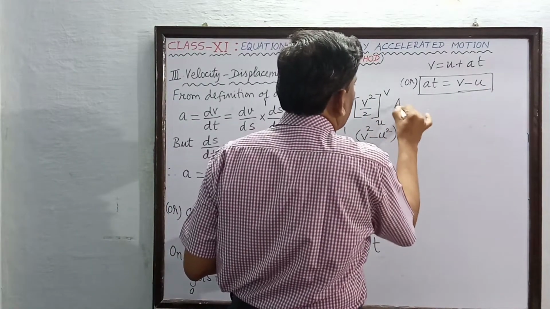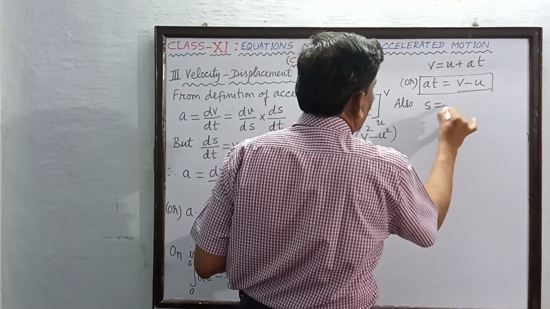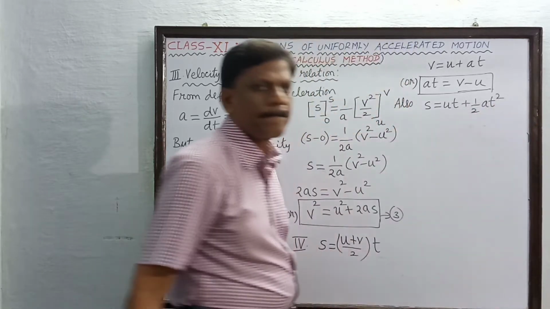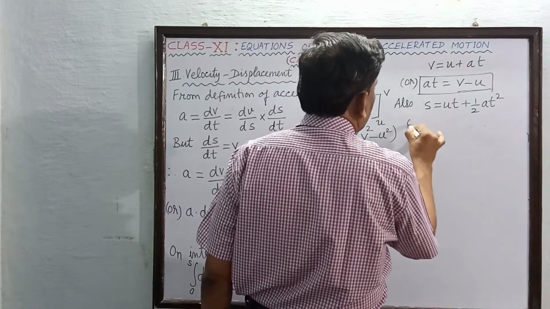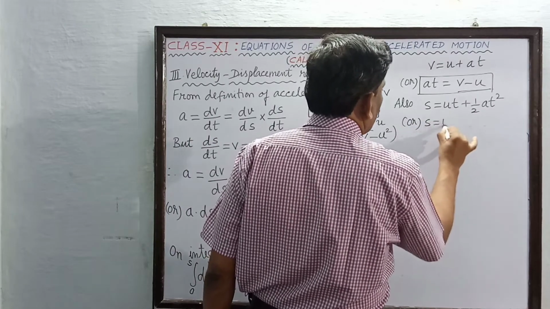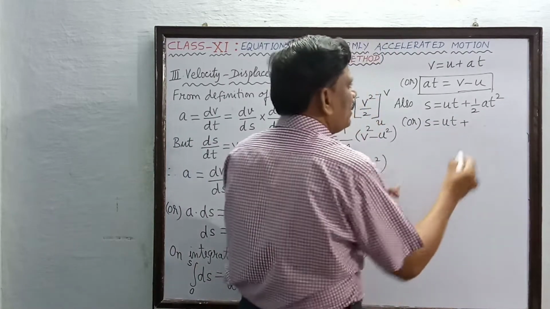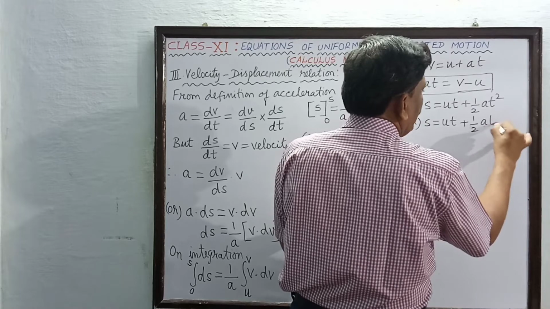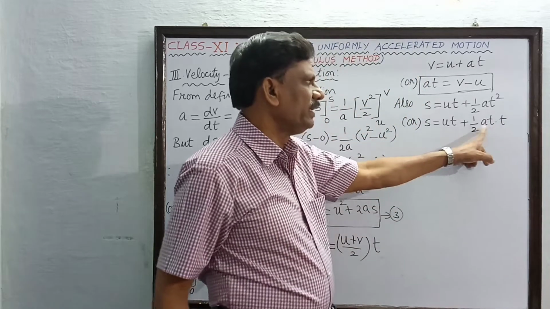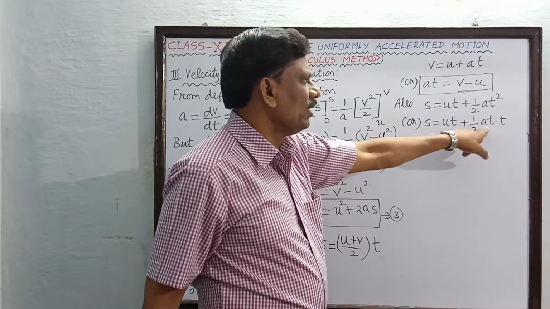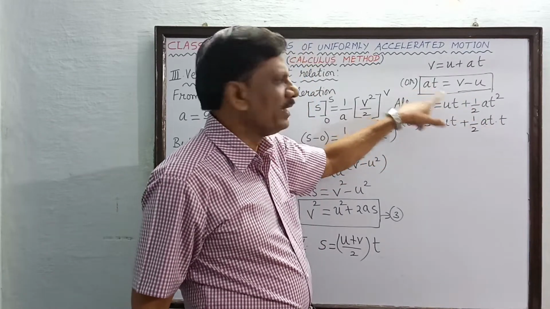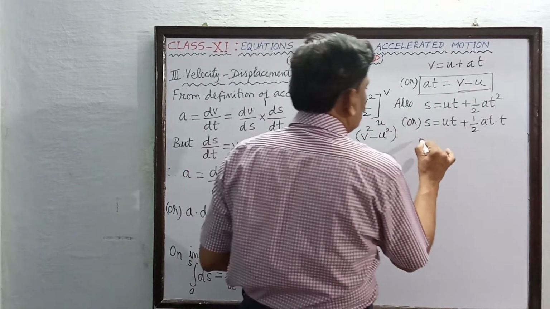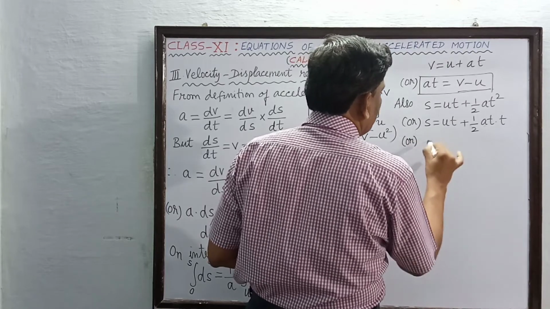Then we know that another equation is s equal to ut plus half at square, or s equal to u into t plus this half at square can be written as half into at into t. Now this term at is there already. In place of at, what can I substitute now? v minus u.